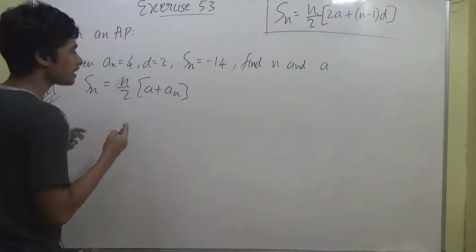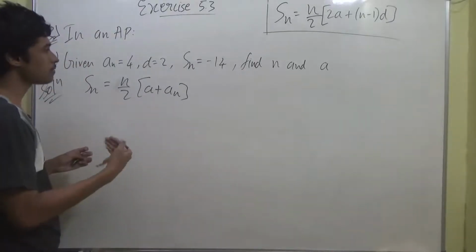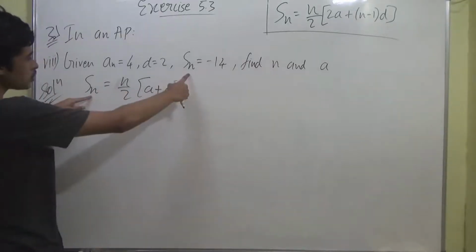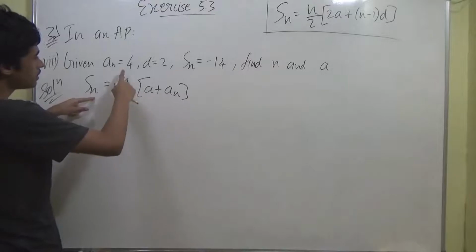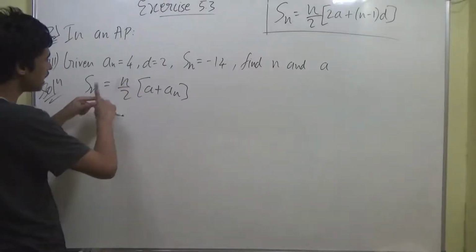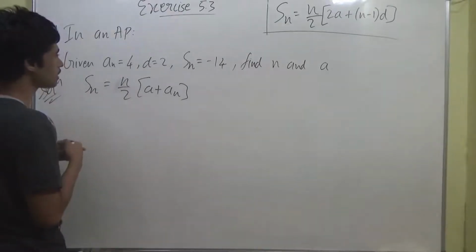So 2a plus (n minus 1) into d, we can write it as a plus a n. Now if you see it guys, we have the value of s of n, we have the value of a n, so we don't have the value of n and a. So those two will form an equation, I guess.